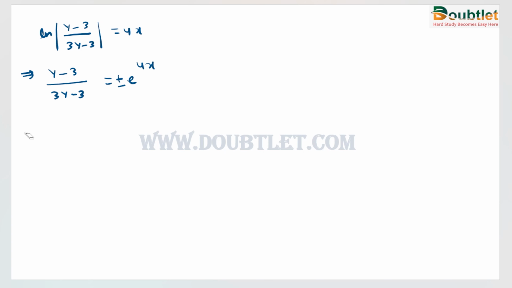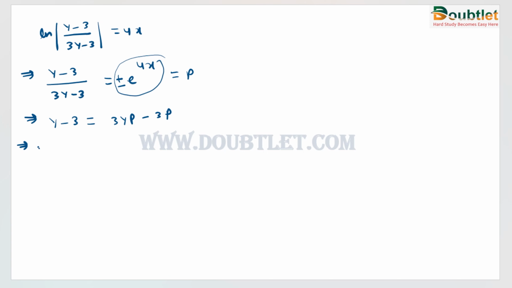And now by performing the cross multiplication, let's assume this value as p. So we can write this as 3yp minus 3p.